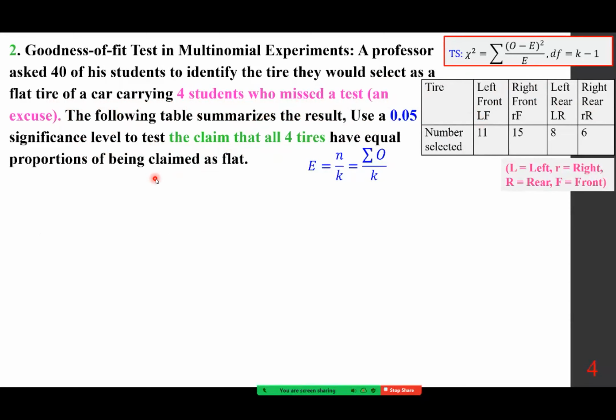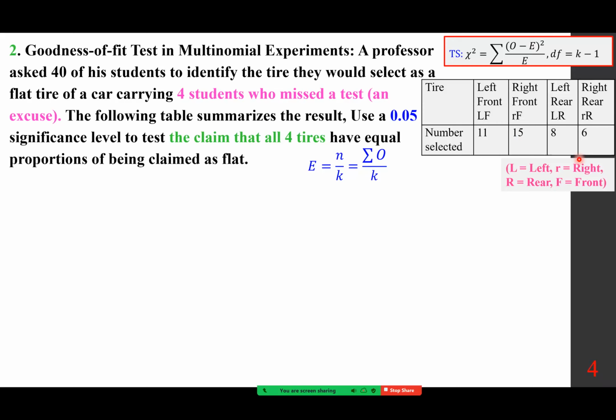We are going to use, I'm going to remind you of the formulas for chi-squared and E and so forth. And so left front 11, right front 15, and so forth.